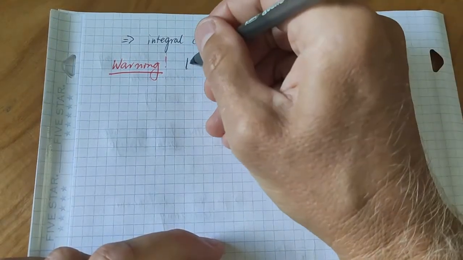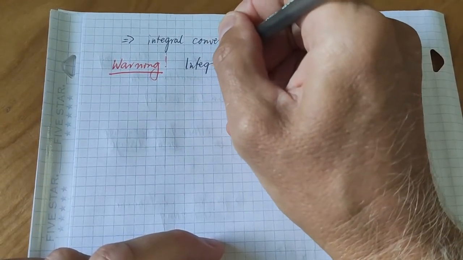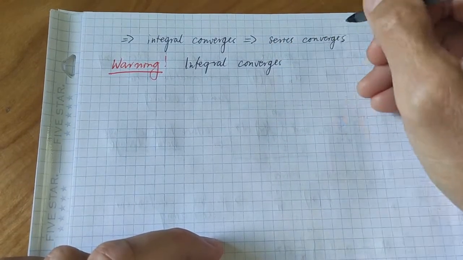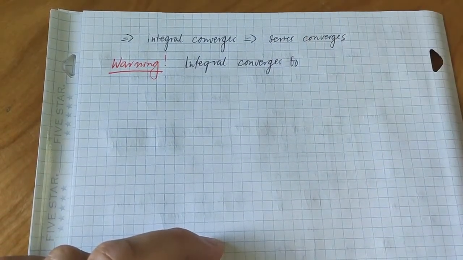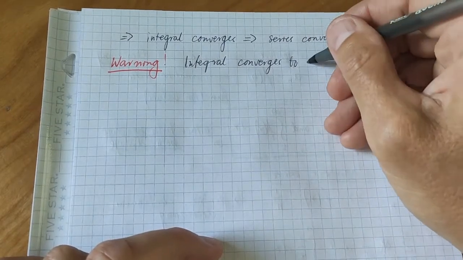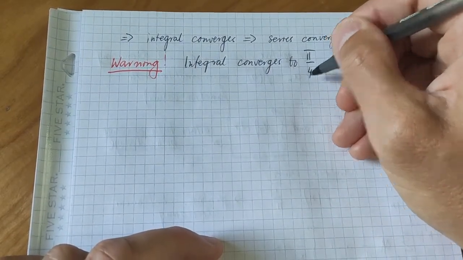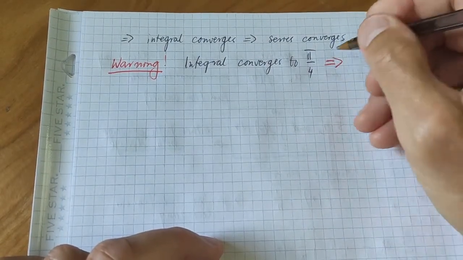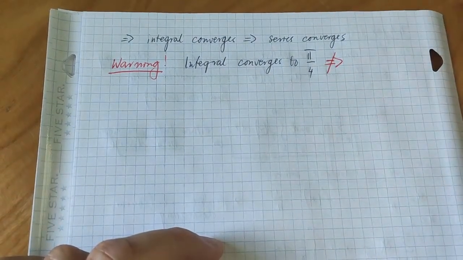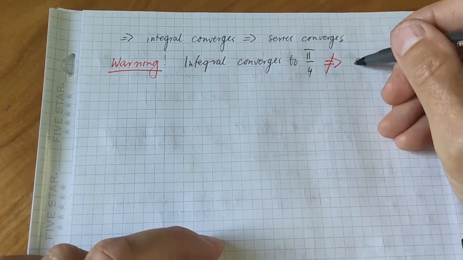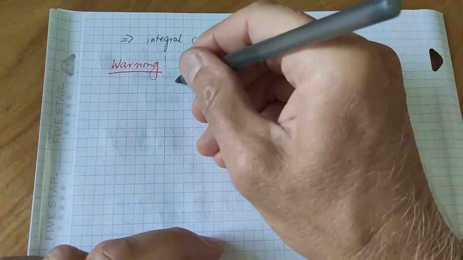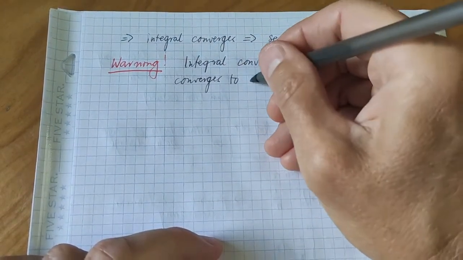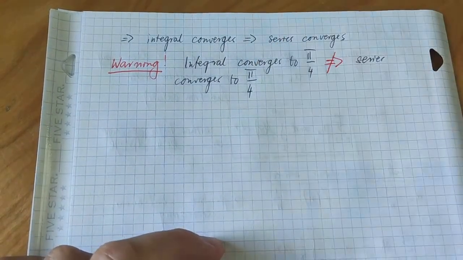If the integral converges to some specific number, let's just use that pi over 4, we cannot conclude that the series converges to pi over 4. Okay, so let's stop here.